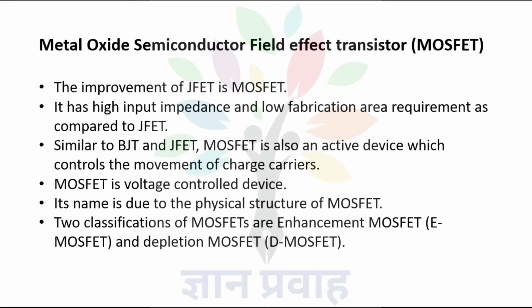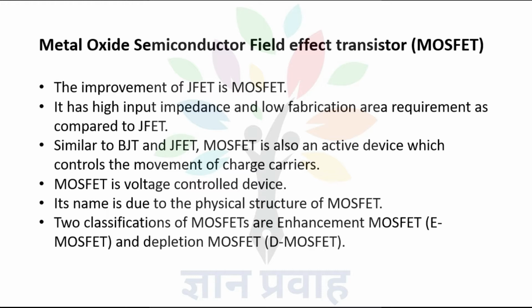And similar to BJT and JFET, MOSFET is also an active device. In active devices, the movement of charge carriers is controlled by using a parameter. In case of BJT, charge control is done using input current, while in case of FET, charge control is done using voltage.